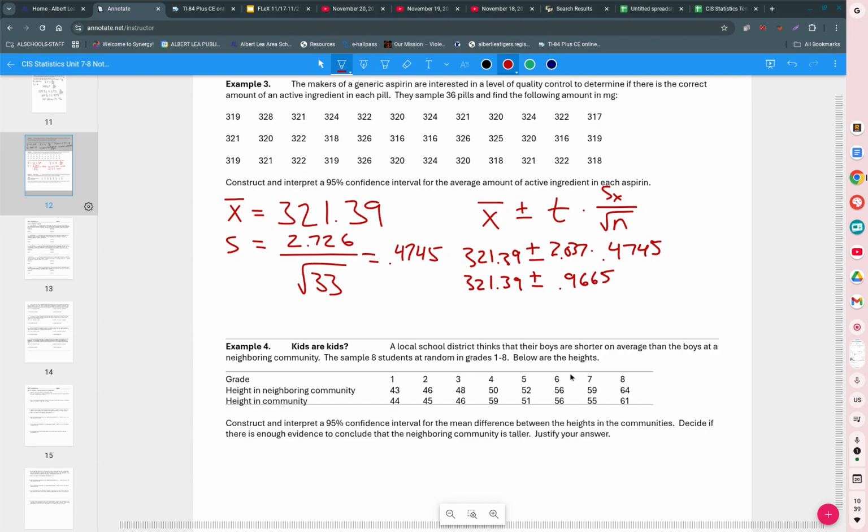Okay. So from there we could take the 321.39 and subtract the 0.9665. And I get 320.42. And adding it, 322.356.